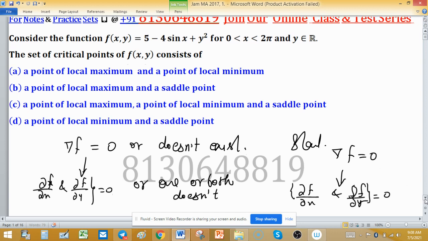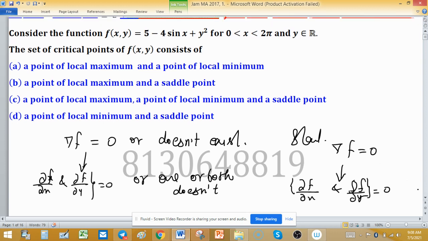So we will find those points where the partial derivatives are either 0 or do not exist.